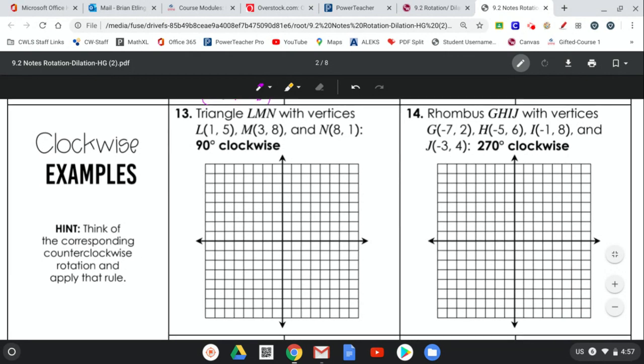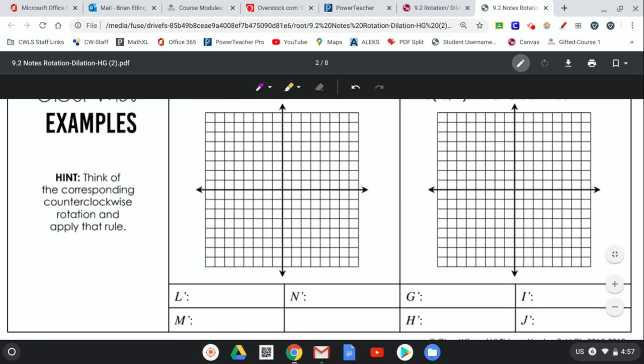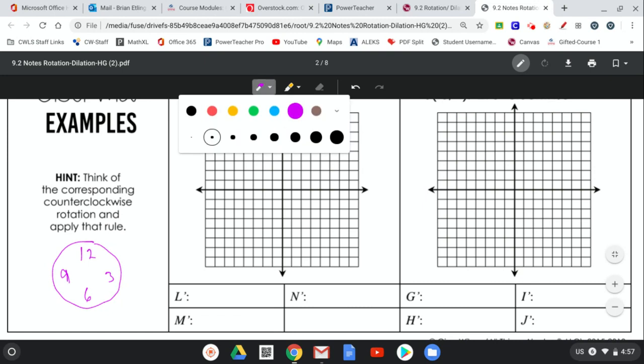Okay. So counterclockwise, if you think about it on a clock, if I draw a clock here, we have 12, there's 3, there's 6, there's 9, okay? So what we're saying is if we rotate something 90 degrees counterclockwise, we're going in the opposite order of 1, 2, 3, 4, 5, 6.